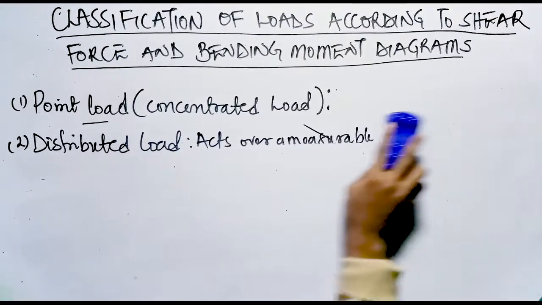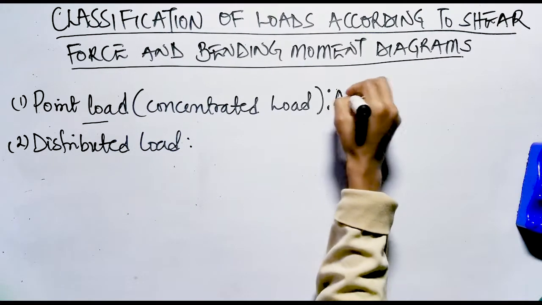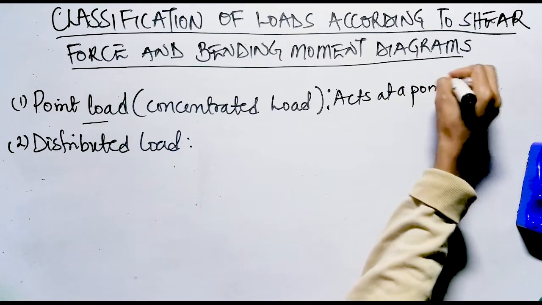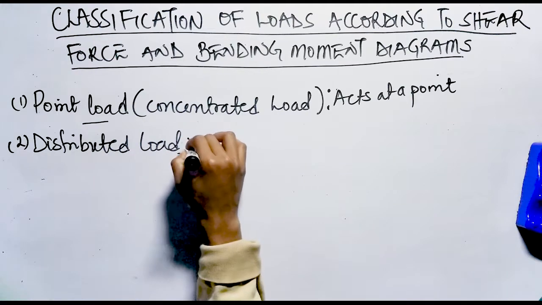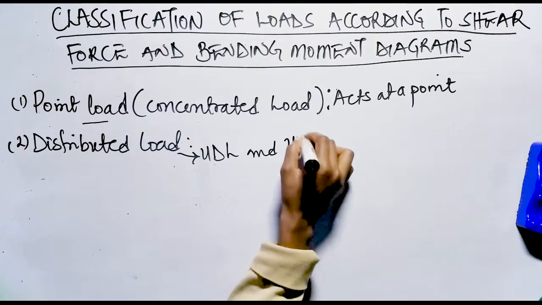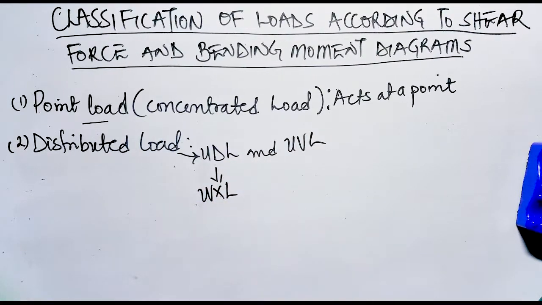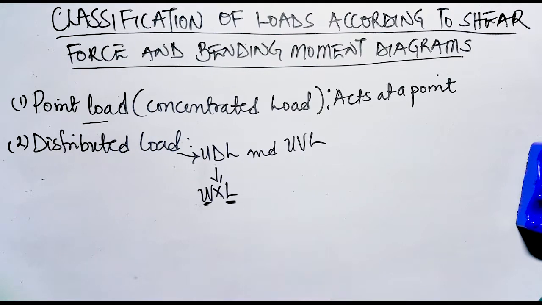So let's do a recap of what we've learned today, shall we? Firstly, we talked about point loads. It's a load acting at a point. It's usually represented by the letter P, using a nail and hammer as an example. Then we moved on to uniformly distributed load, which must be converted to a point load before use for any calculation. And converting to a point load, we achieve that by multiplying its load by the length of the span.